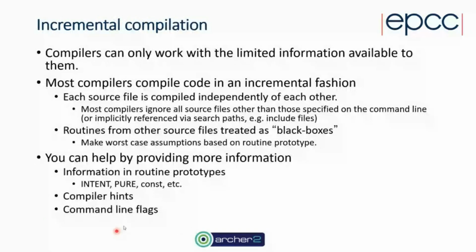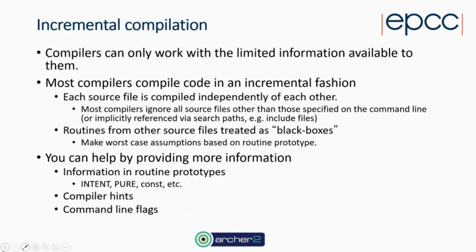So one particular big one here is something called interprocedural optimization, IPO, which tells the compiler, actually, can you not treat all the routines as black boxes, but try and look across all the routines and see if there's things you can do to optimize between them, and potentially do that between files as well. Now, again, this is a very powerful piece of functionality for the compiler, but we don't tend to do it by default because it takes a long time and adds extra complexity to what the compiler does.